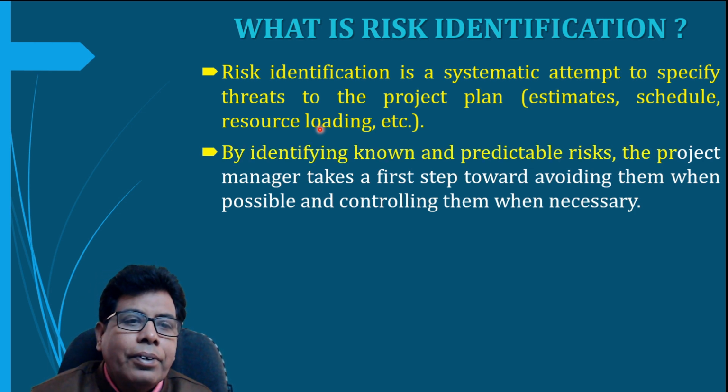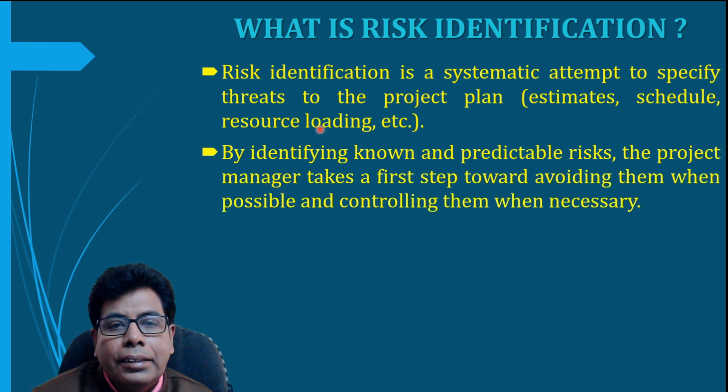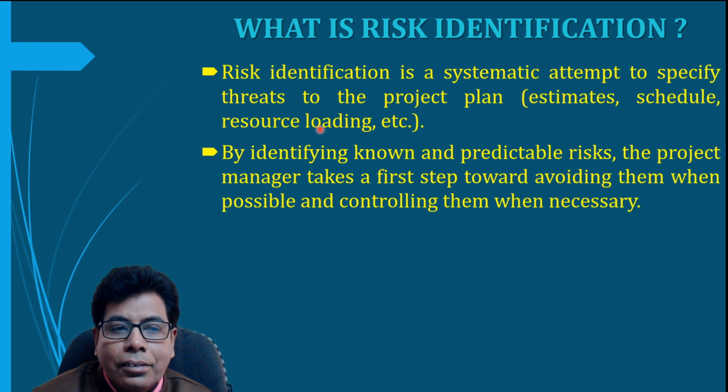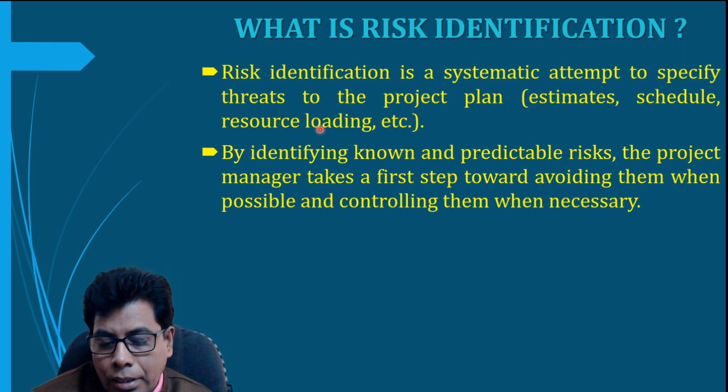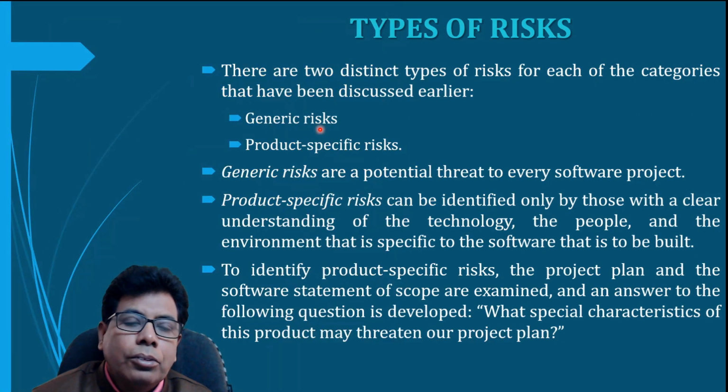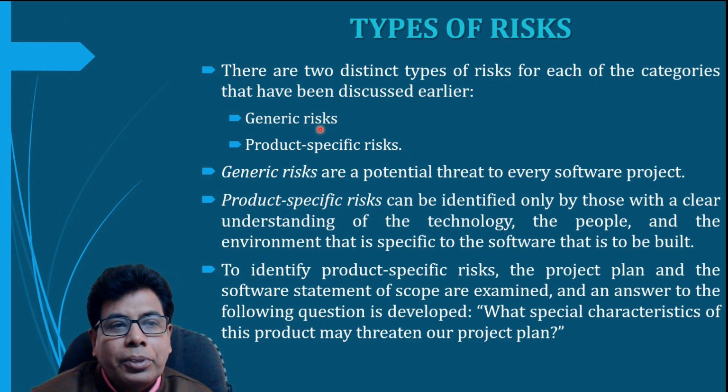Then by identifying known and predictable risks, the project manager takes a first step towards avoiding them when possible and controlling them when necessary. That is the use of risk identification. And types of risk.